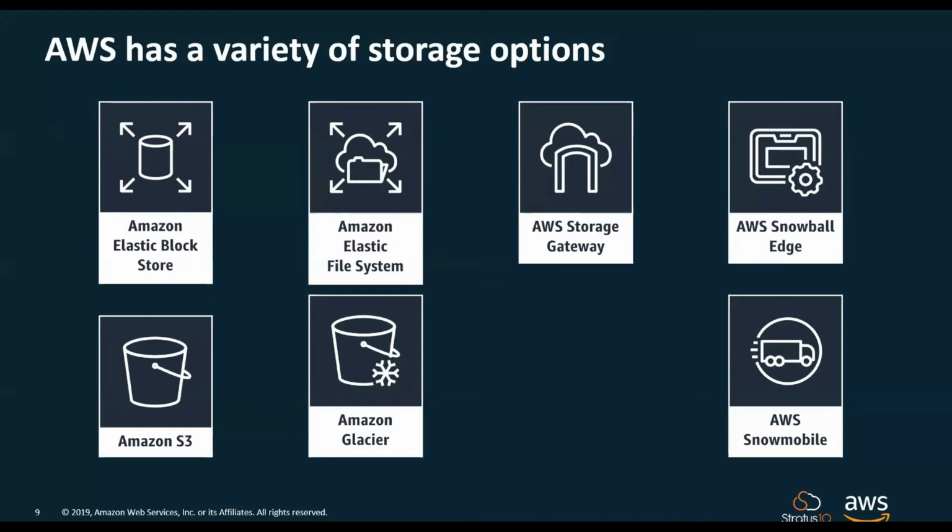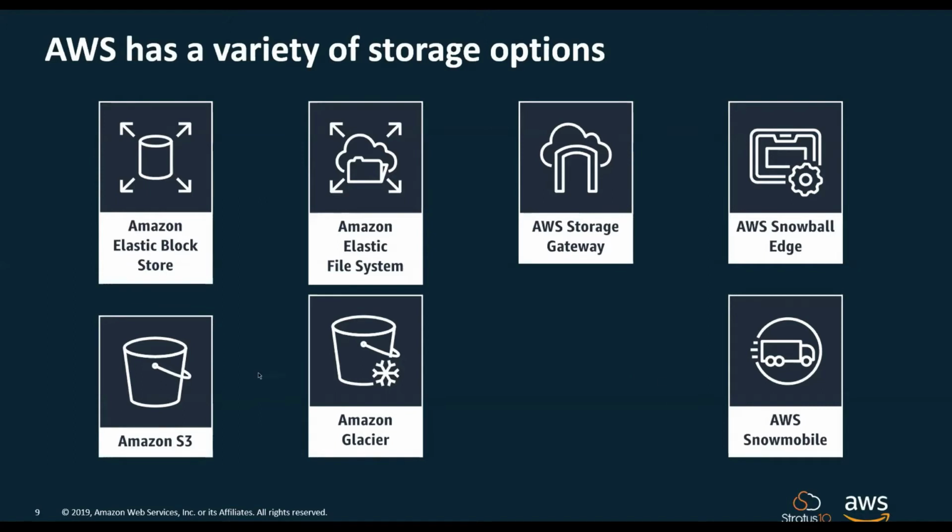And then there are larger storage options such as Snowball Edge and Snowmobile. Snowball Edge is a secure, encrypted device that is sent to you for you to download all your data into it and then ship it back to AWS. It's an easy way to move large amounts of data into the cloud.